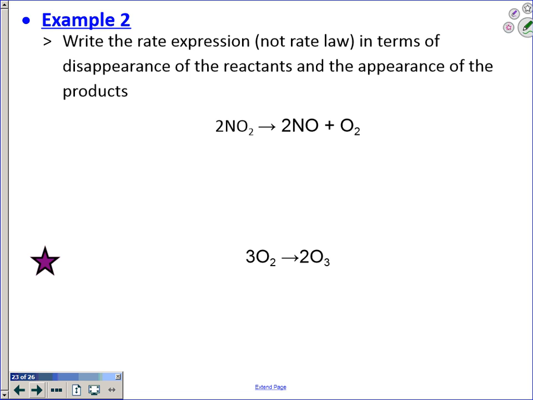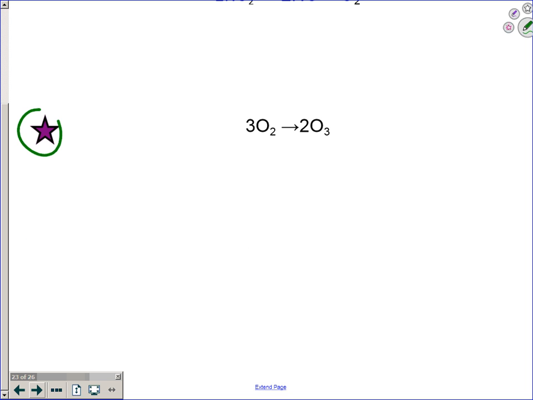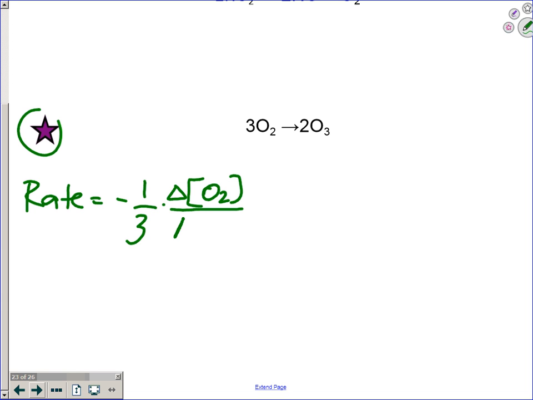Okay, so for this one down here, write the rate law, which is like what I just wrote. Rate is equal to negative 1 over blah blah blah. Write it for this one, the oxygen and ozone one down here. So we're saying rate is equal to what? Start me off. Negative 1 over 3 times the change in the concentration of O2 over change in time.